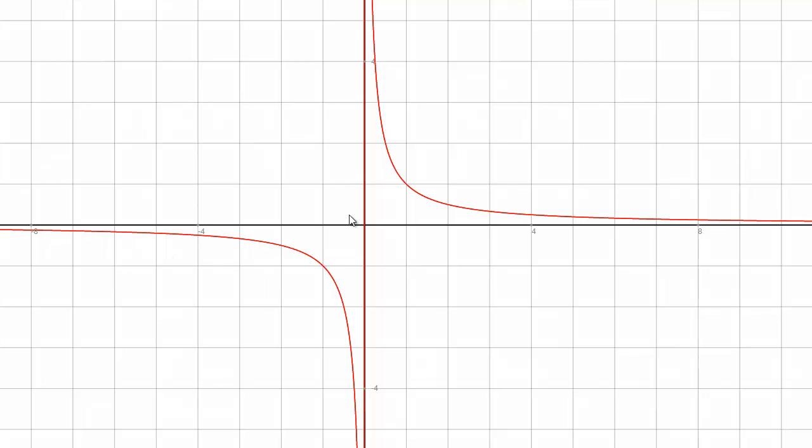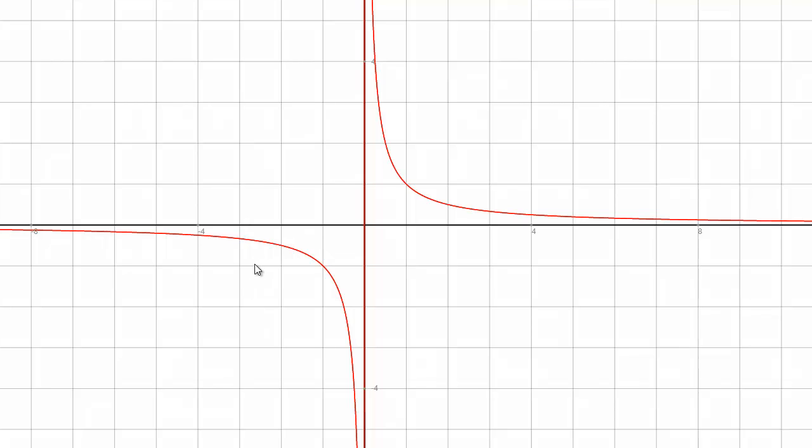Instead of one smooth curve, we have two separated curves. For values of x greater than 0, the range is greater than 0. For values of x less than 0, the range is going to be less than 0. So there is a tremendous problem.